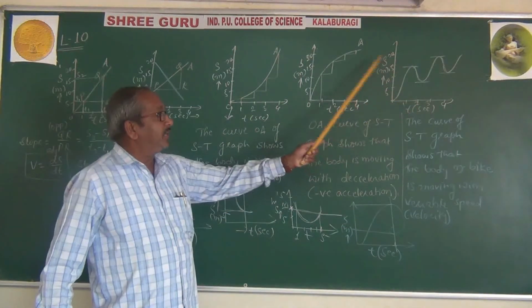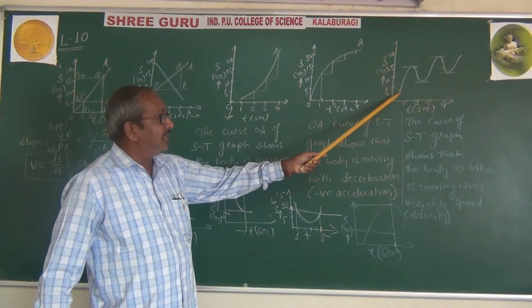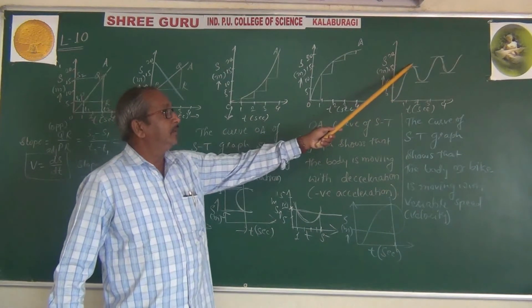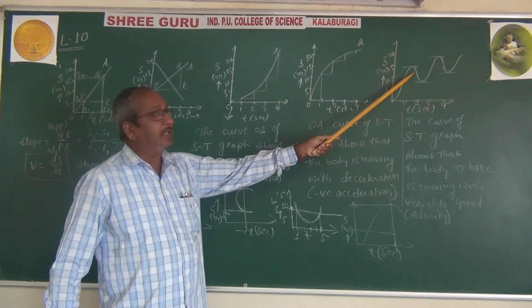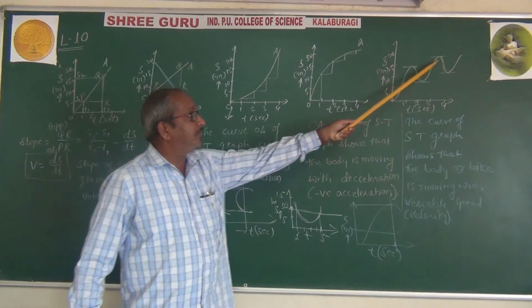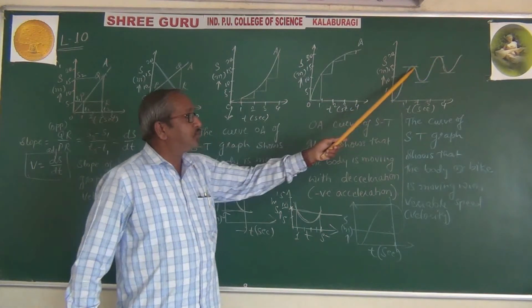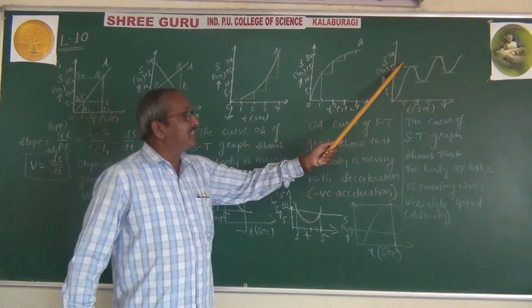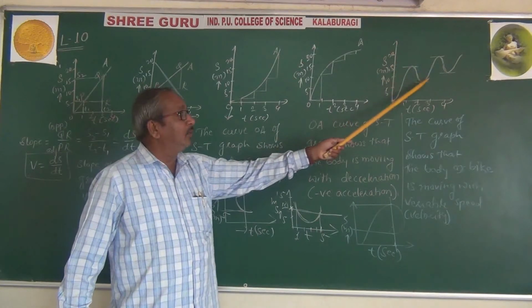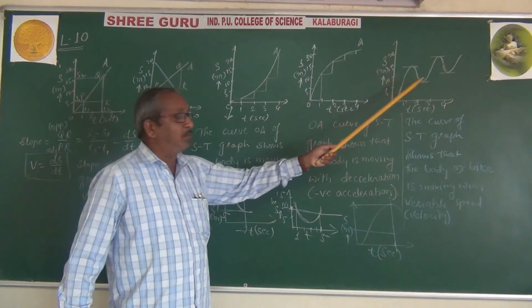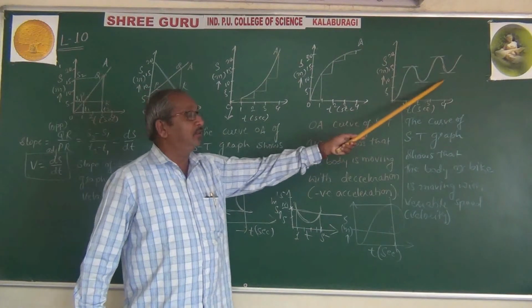In the case of a position time graph, here is the increasing velocity, this part is decreasing velocity, whereas in these portions the body becomes at rest. So that means this curve shows how many times the body becomes at rest according to this curve.